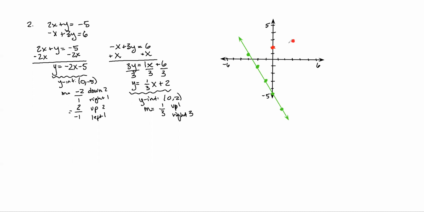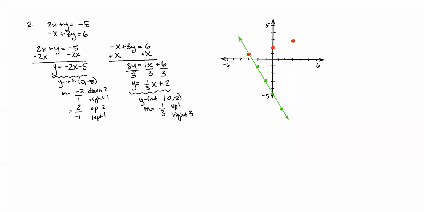And now if I plot more points in this direction, it's going to get further and further away from this green line here that we want to see where they intersect. So instead of going up 1 to the right 3, I'm going to go down 1 to the left 1, 2, 3. And they line up really nicely at that point right there. My scale just looks a little off because of the way my tick marks were drawn.